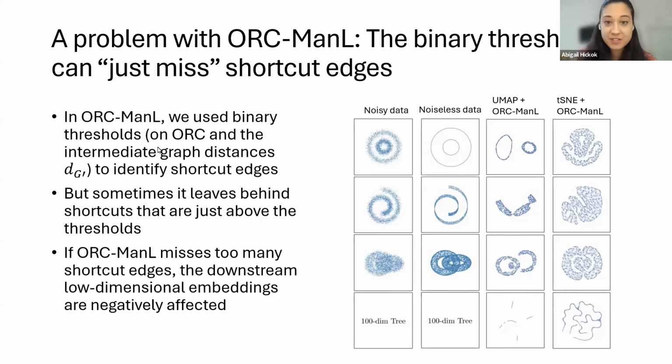You can see that sometimes it does okay, like here, but sometimes we're either splitting apart clusters, or overlapping two parts of the manifold, or, like here where we have a high dimensional tree, totally splitting apart its branches. Those things can go really wrong.